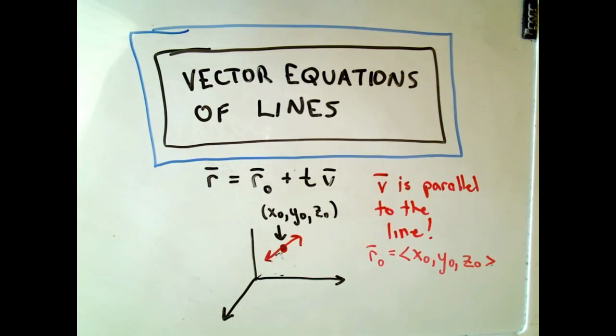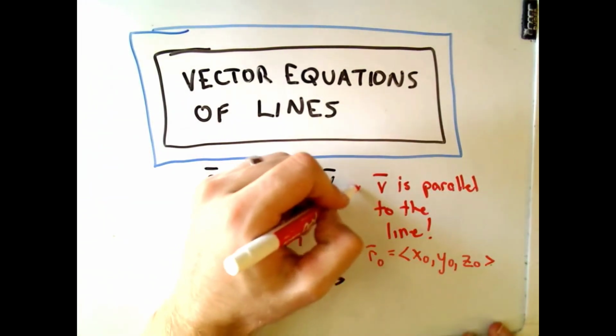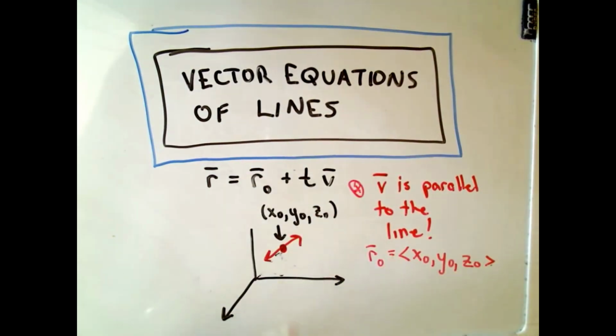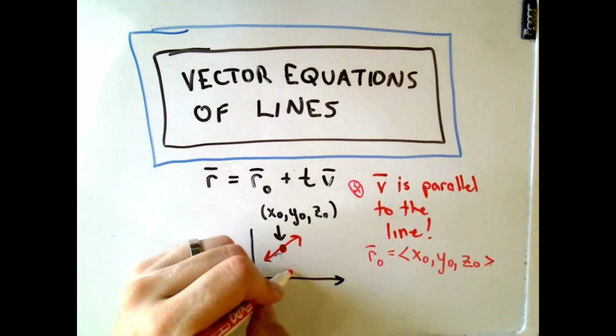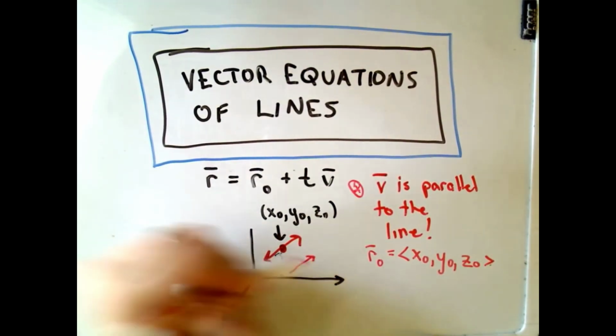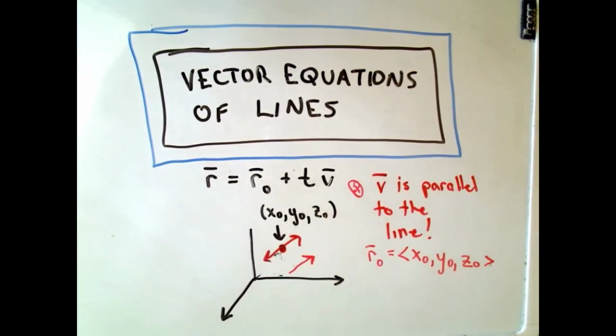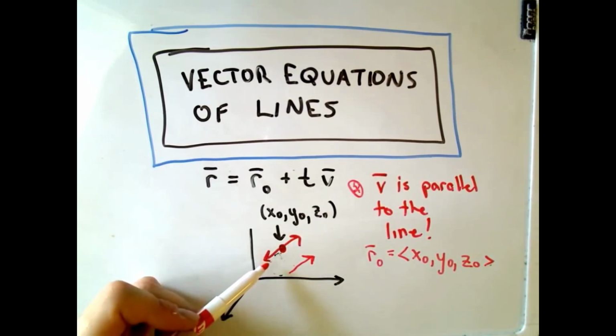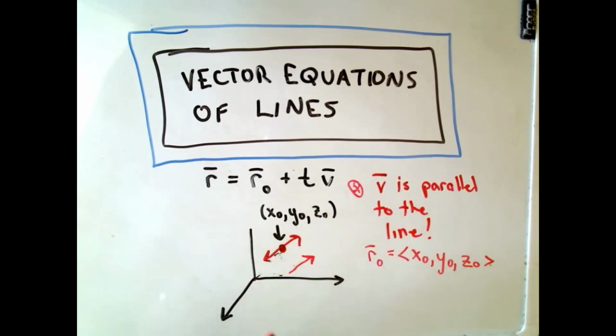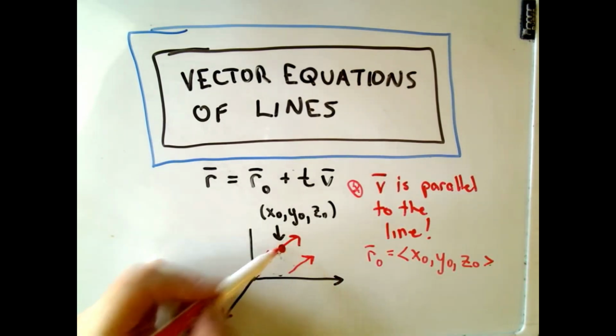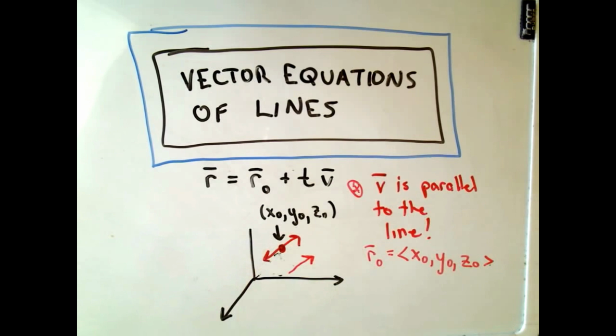And two things here. The idea is v is parallel to the line. So vector v is just any vector that has the same direction as the line that goes through the point. It can be any length that it wants to be as long as it's parallel. And this r sub 0 is just a position vector that points at the point that the line should go through.